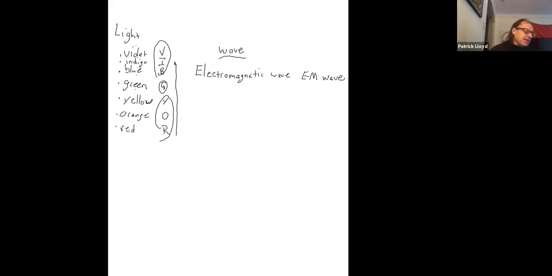And in fact, it does. Light has a component that is electric and a component that is magnetic. That's an interesting aspect of it that we won't go into in too much detail in this course. That's something you would cover in a second semester of physics.